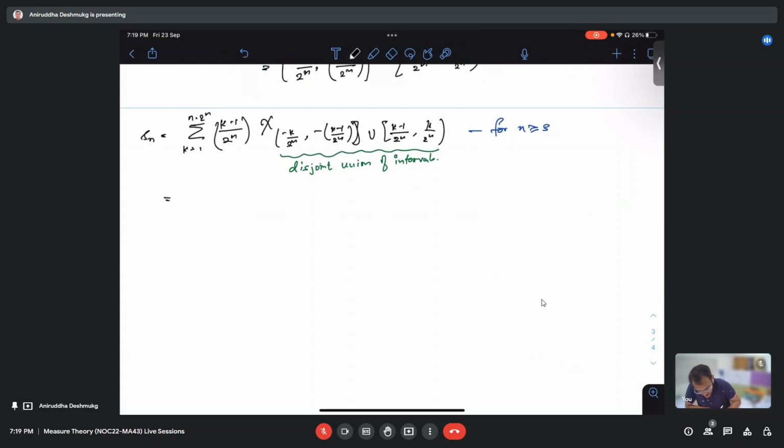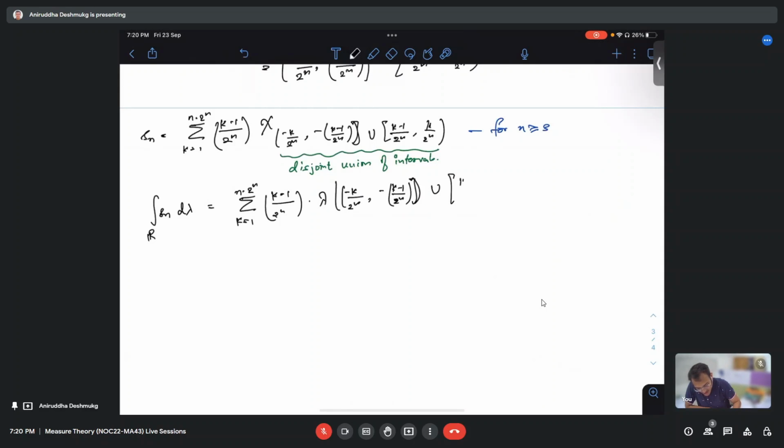Now, we have already written this. Let us now compute the integral of S_n d lambda over R. This is the summation k from 1 to n·2^n of (k minus 1)/2^n, and then the length of (-k/2^n, -(k minus 1)/2^n] union, closed here, [(k minus 1)/2^n, k/2^n).